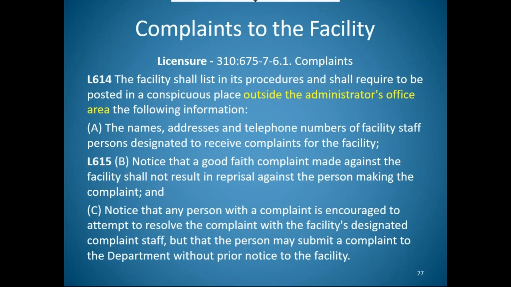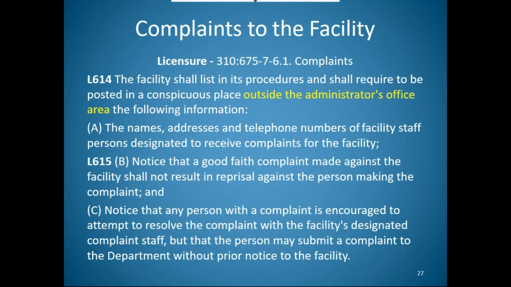I want to draw your attention to where it says, in a conspicuous place outside the administrator's office area. So a conspicuous place means easily found. Outside the administrator's office area does not mean posted right beside the administrator's door. These postings should be put away from the administrator's office and probably even away from your DON office.